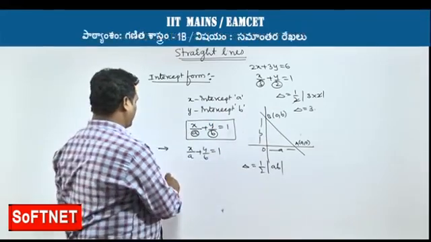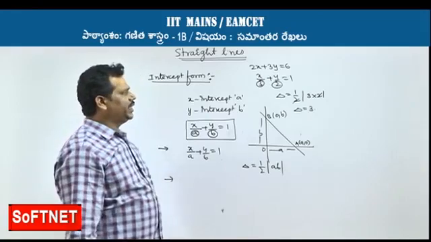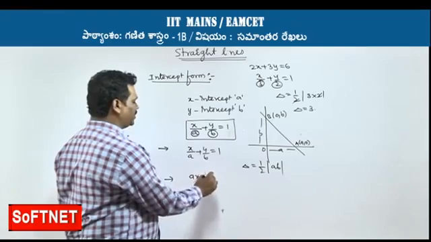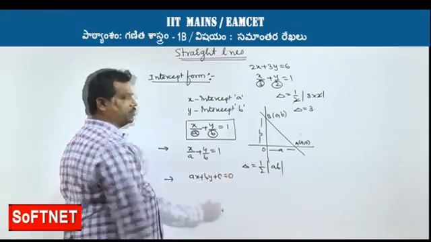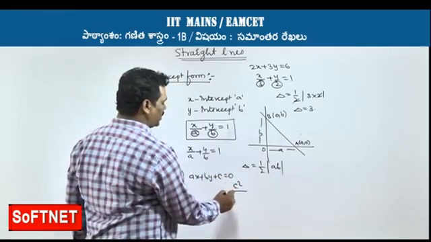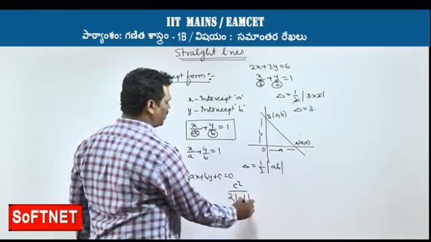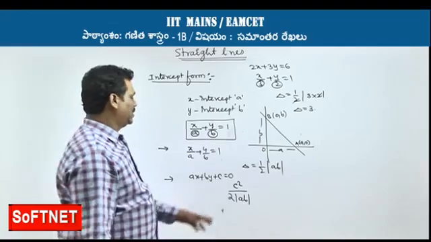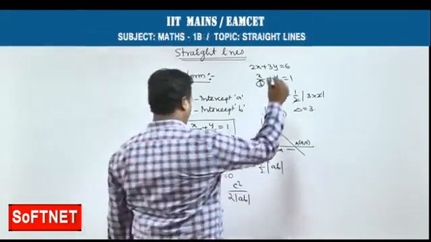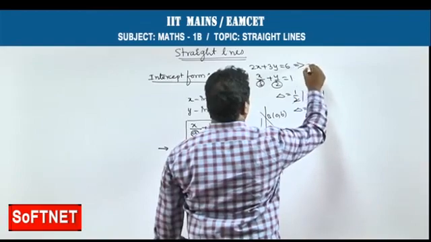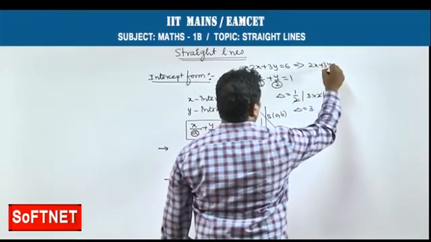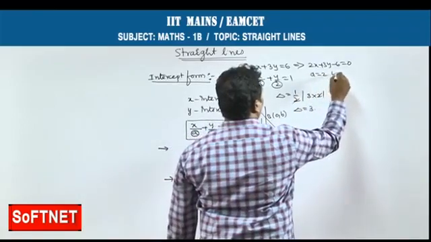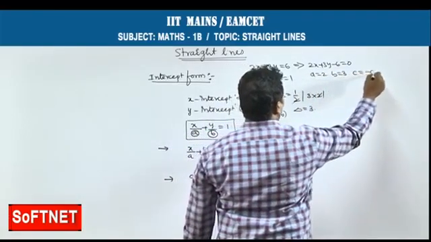So next point is the area of the triangle formed by the line ax plus by plus c equal to 0 is c square by 2 into mod AB. For example, taking this one, 2x plus 3y equal to 6. It is in the form of ax plus by plus c equal to 0. Same example, taking here 2x plus 3y minus 6 equal to 0. So here a is equal to 2, b is equal to 3, and c is equal to minus 6.